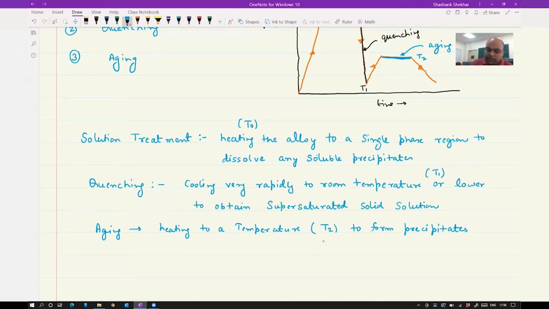Okay, so these are the 3 steps we have to follow to form precipitates in aluminum alloy. Okay, so now let's use a phase diagram and try to understand it.